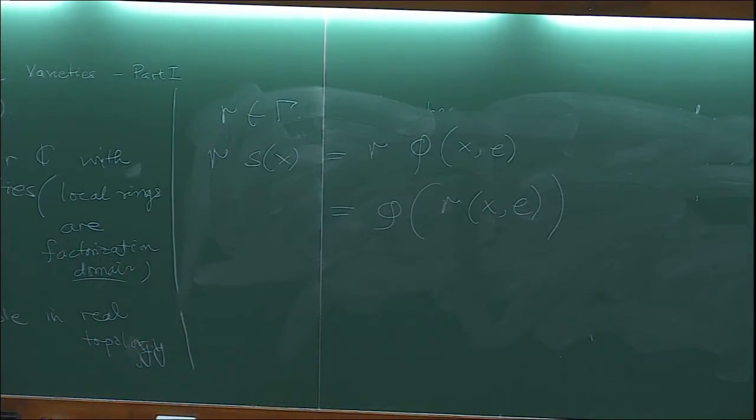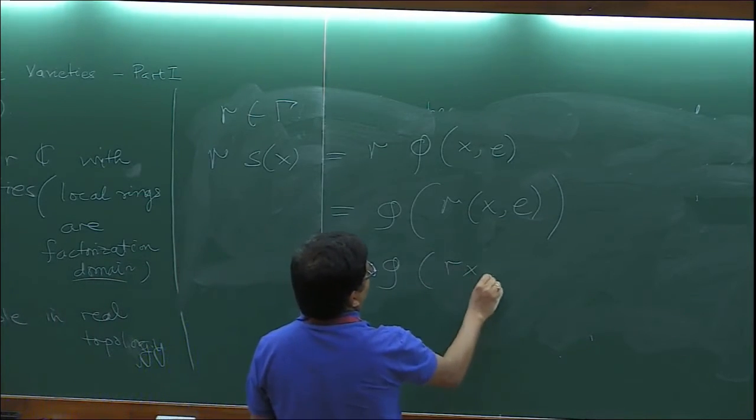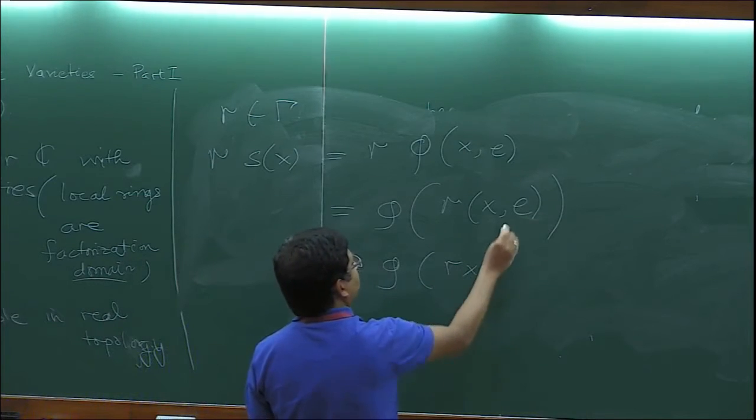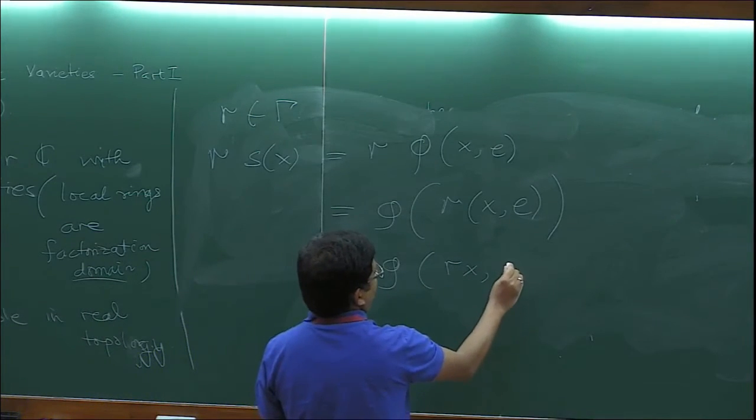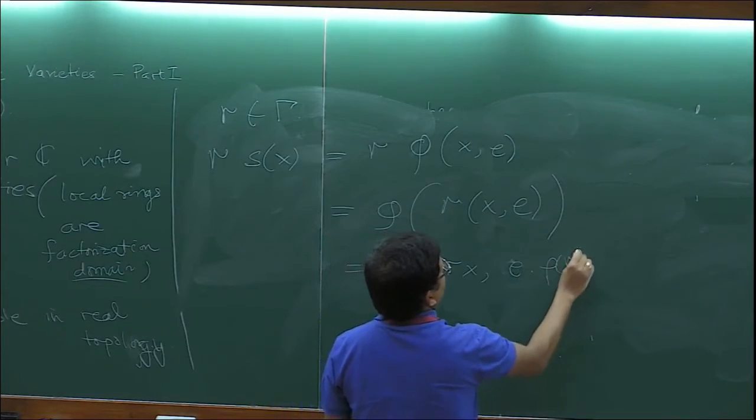And on the trivial bundle, you have this rho, so you can write this action as phi of gamma x times e dot rho gamma.